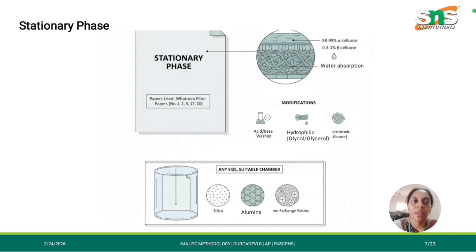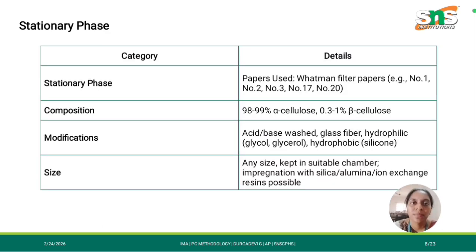The paper consists of 98 to 99% alpha cellulose, 0.3 to 1% beta cellulose, and any suitable size can be used with a suitable chamber for chromatography as a stationary phase.